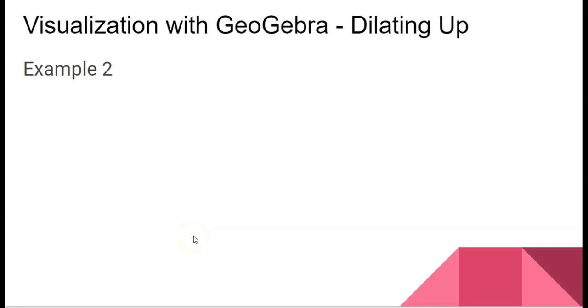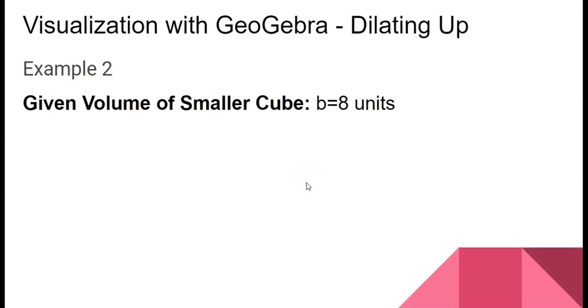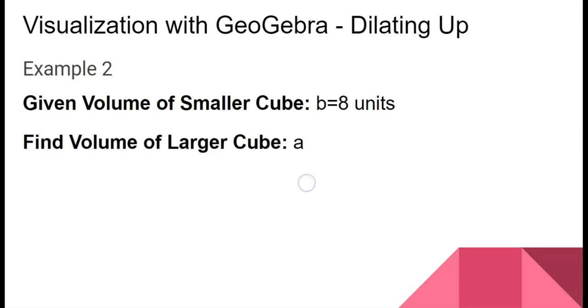Here we're going to show that the factor of the dilating up or the enlargement is cube root of 2. So when dilating up, we're going to use the ratio x over y, which is cube root of 2, where x is greater than y. So our given volume of the smaller cube, B, is 8 units.